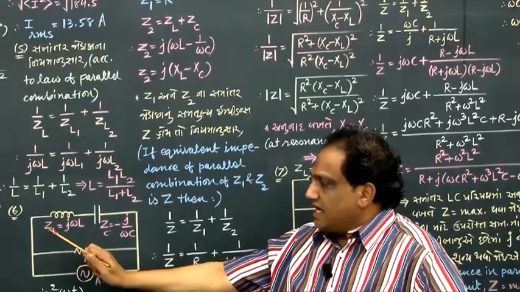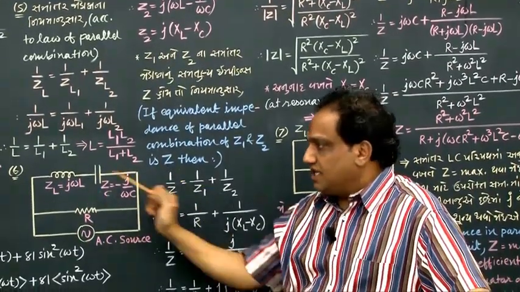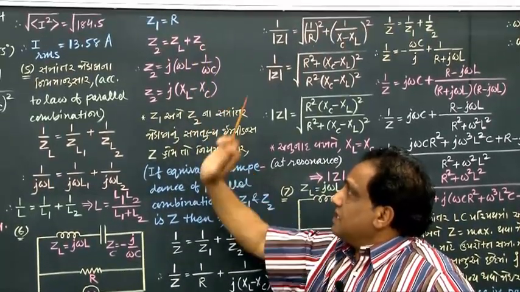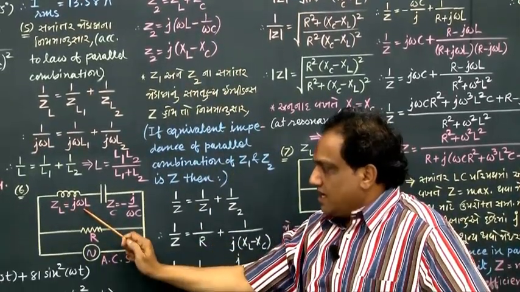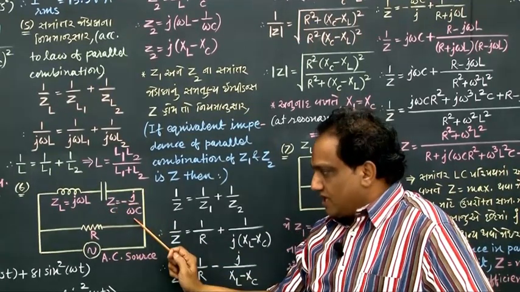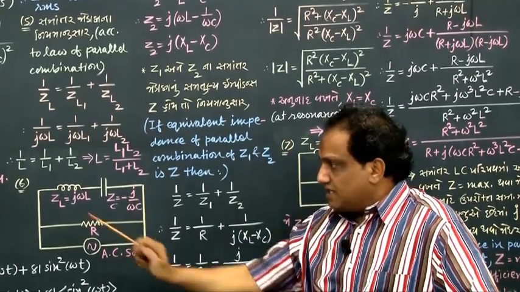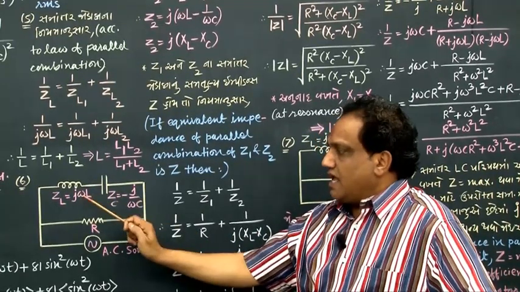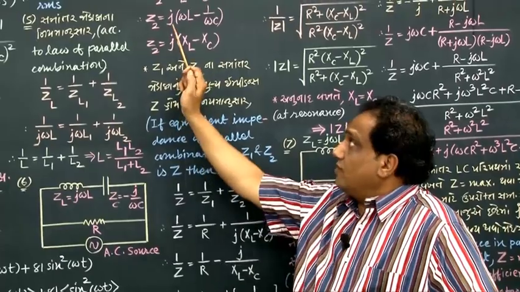Then Z2 will be ZL plus ZC because it is a series combination. But ZL is j omega L, ZC is minus j upon omega C. When you add ZL plus ZC, you can take j common.